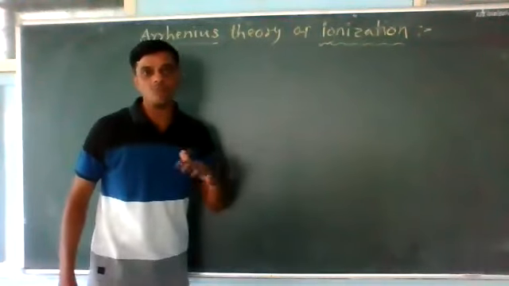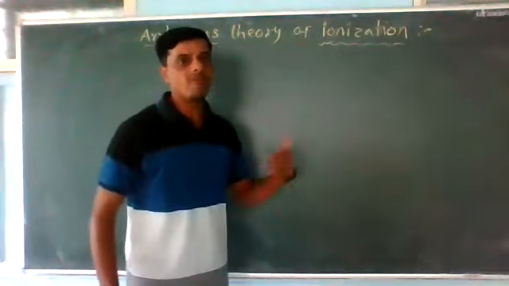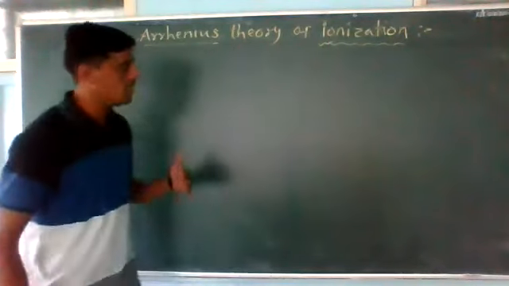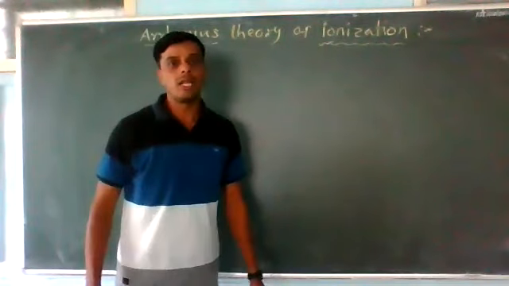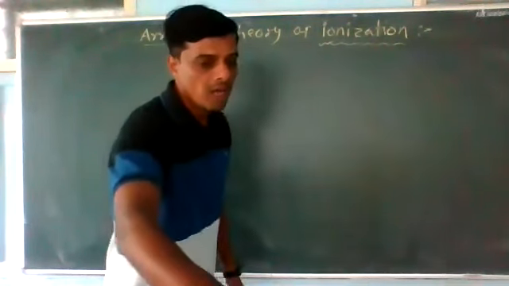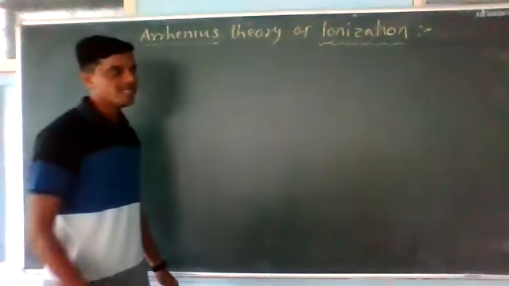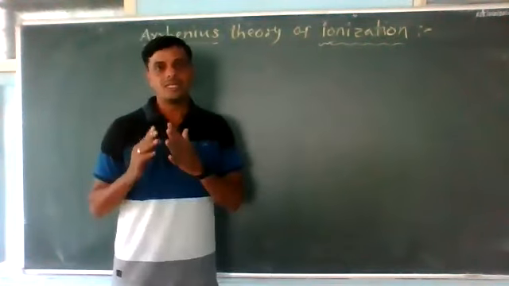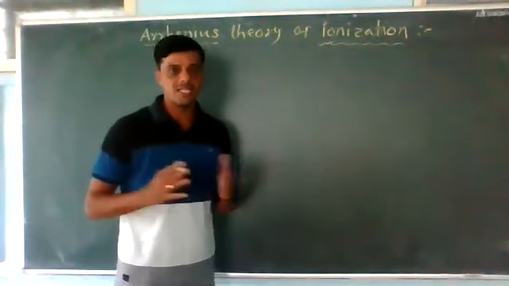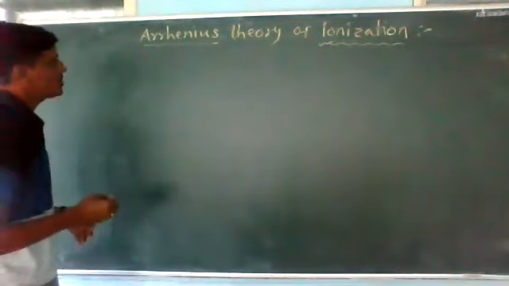The ionization of a compound can be undertaken in various ways. One of the ways is dissolution of a neutral electrolyte. Whenever I say a neutral electrolyte, that means it doesn't possess any charge, either positive or negative. Okay.